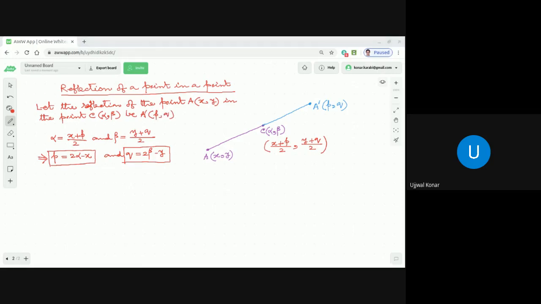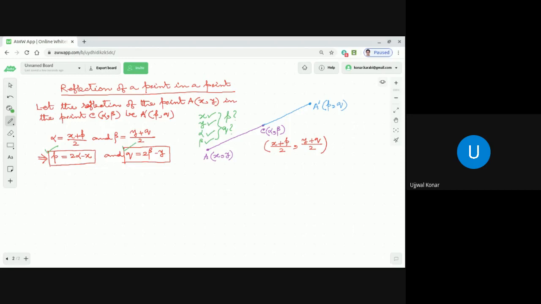So what is given to us? x is given to us, y is given to us, alpha is given to us, beta is given to us. From this, what you need to find is the value of p and the value of q. And this is the way we can find them: p is equal to 2 alpha minus x and q is equal to 2 beta minus y.